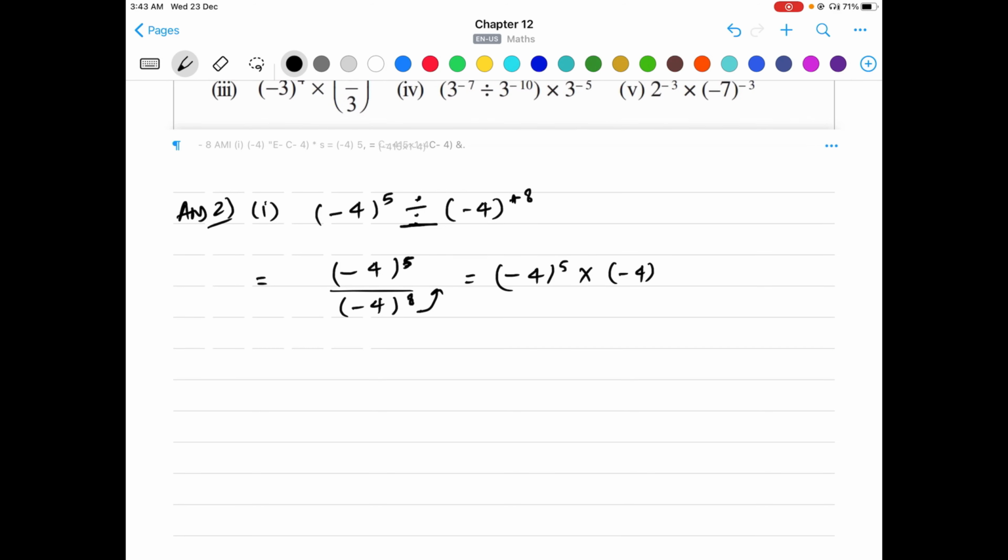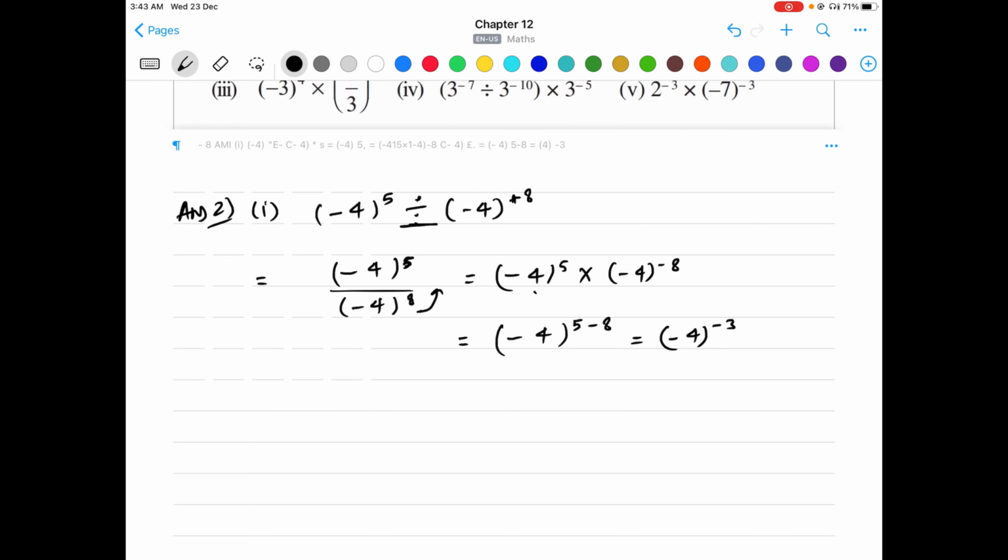When you shift this on the upper side, it will be minus 4, and its positive power will now change to negative 1. Now the base numbers are the same and the powers are different. We can add or subtract the powers directly, so we can write minus 4, its power will be added, that is 5 minus 8. This will result as minus 4 power minus 3.